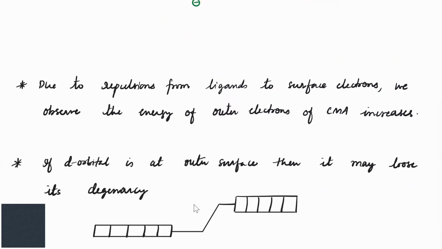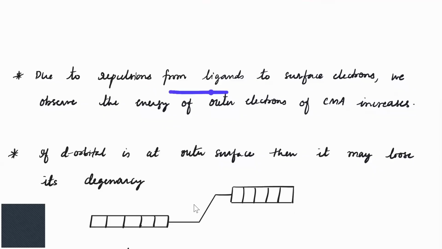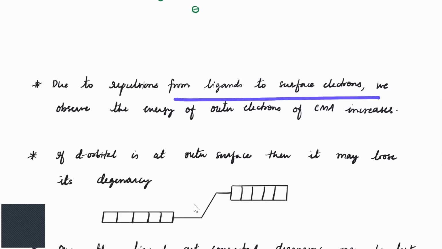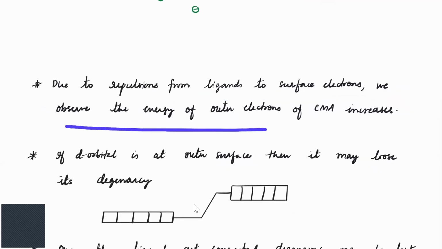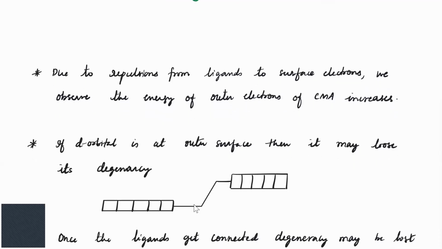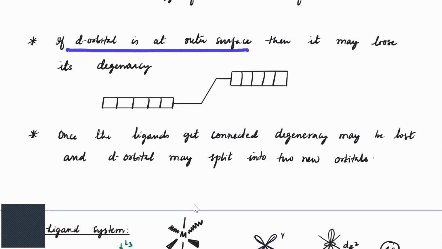Due to these repulsions from the ligands, the surface electrons will have more energy, or their potential energy is increased. Usually the metal's outermost orbital is the d orbital, and the outermost d orbitals have an increased amount of energy.